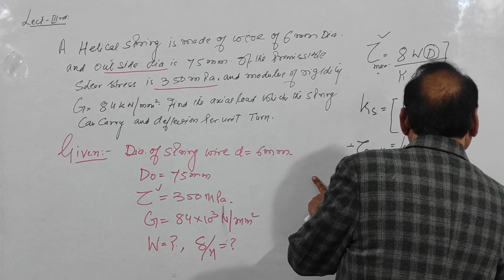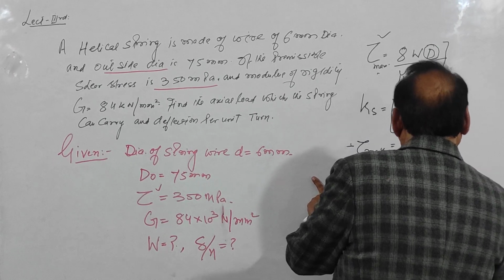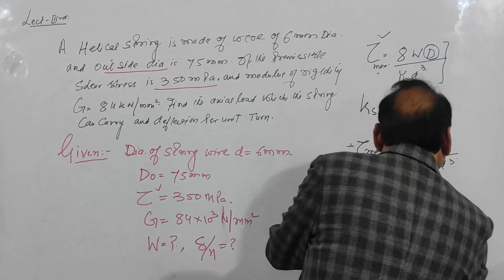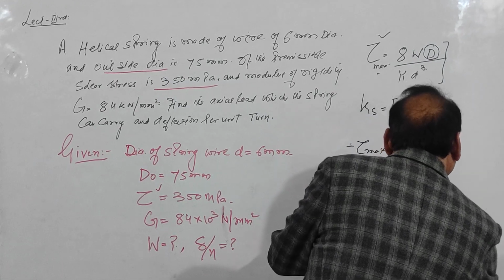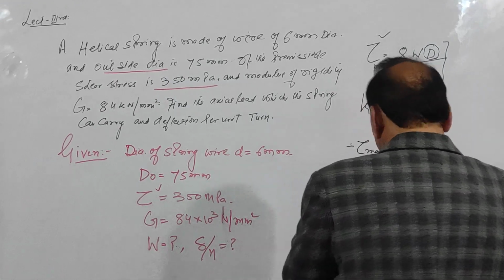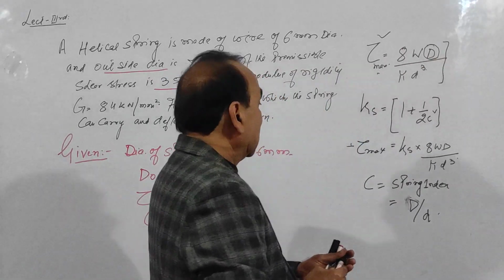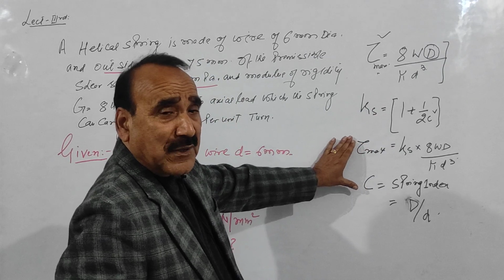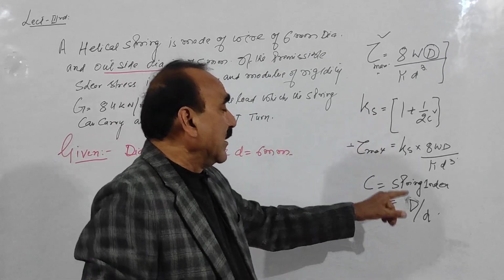C is your spring index, and this is also equal to D upon d. So from here, if you see these parameters, you have to calculate them.